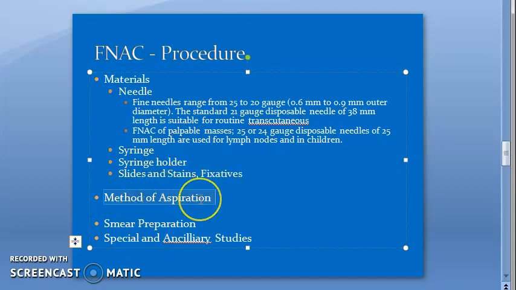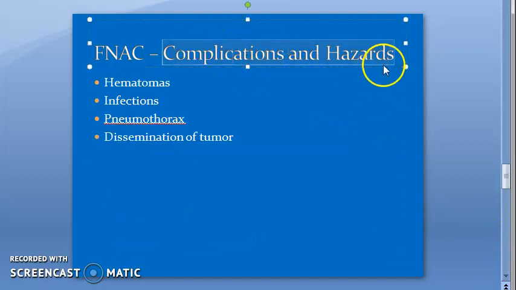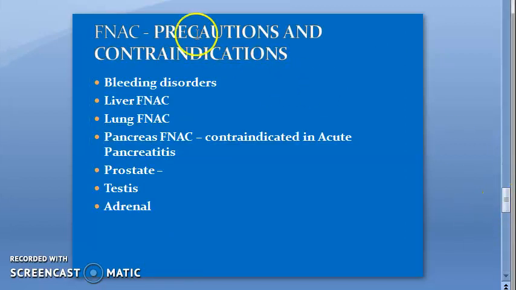Then the method of aspiration, how you'll prepare the smears, and what ancillary and special studies you will do. Complications and hazards also we have to look at. It can result in hematomas, infections, pneumothorax, and dissemination of tumor. So these are the complications and hazards.